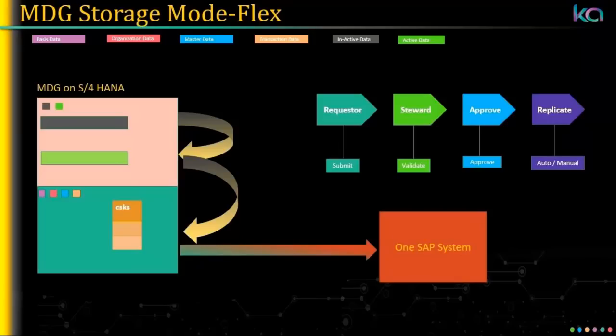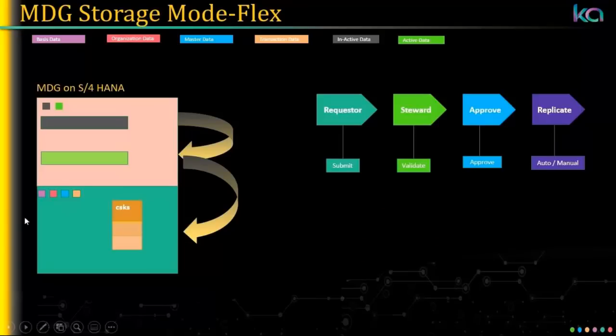From here, if you want to replicate the data, we will replicate it to that operational ECC system if it is a hub deployment model. Else, if it is a co-deployment model, the data will be available in the CSKS table.